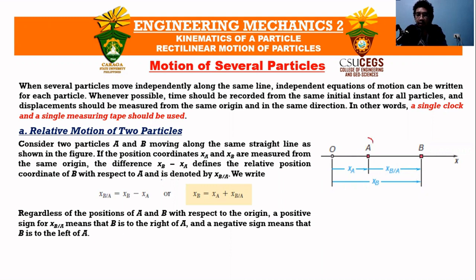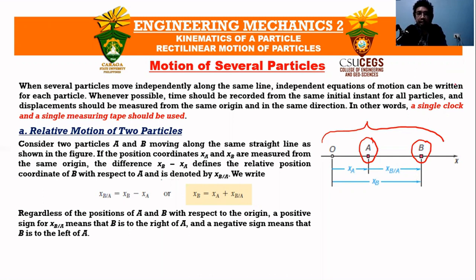So we have particle A and particle B moving along a same straight line, that is moving in a horizontal line or a coordinate horizontal axis.